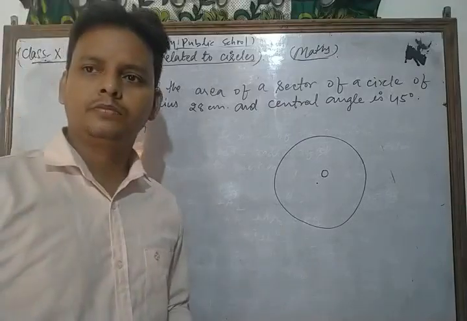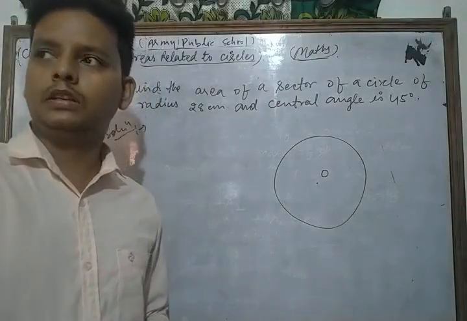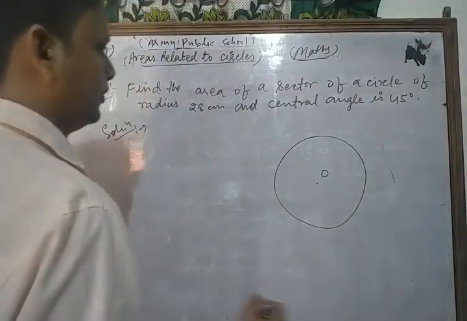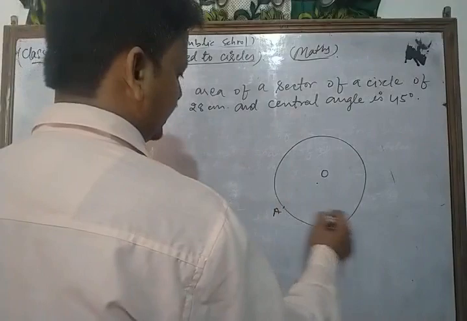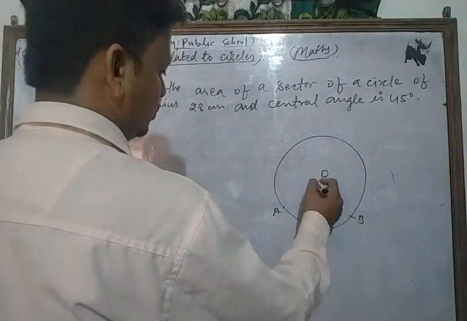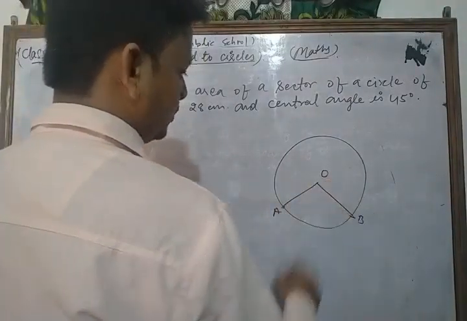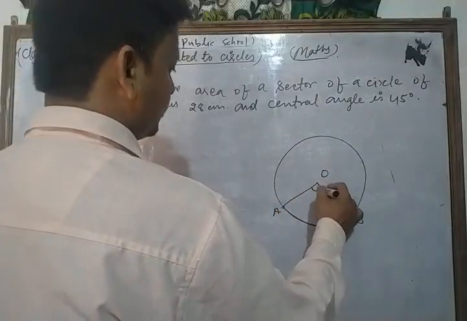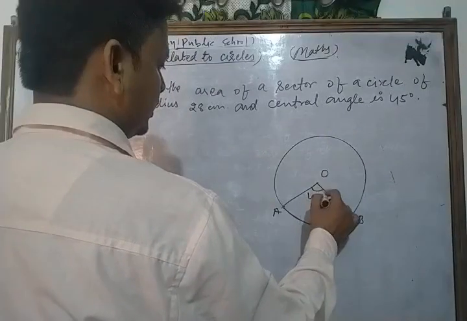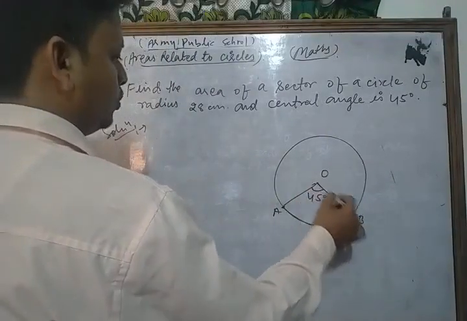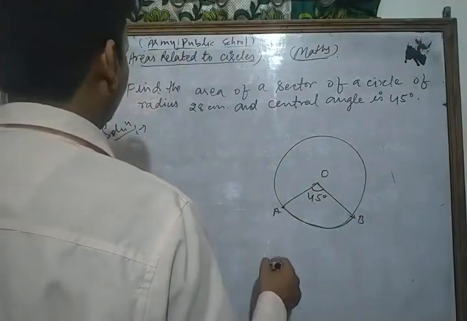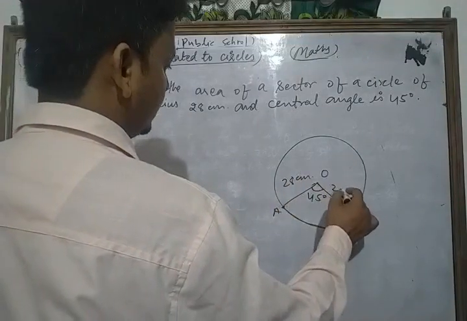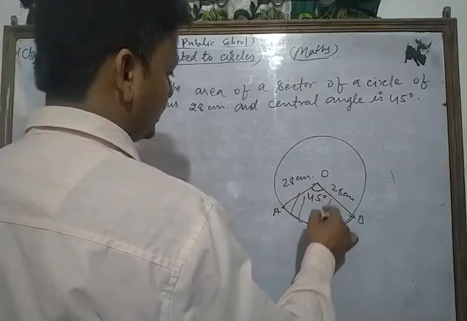Sector. Now look, suppose we take A and B, and we join OA and OB respectively, and the central angle for that question is 45 degree, and OA and OB is the radius of the circle, which is equal to 28 centimeter. So that region is known as the sector of the circle.